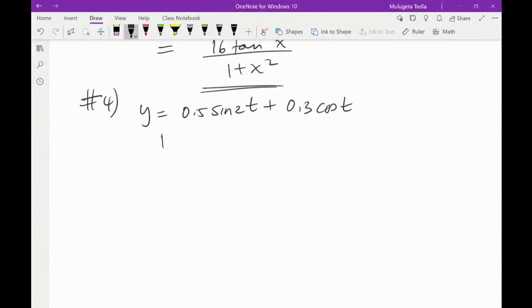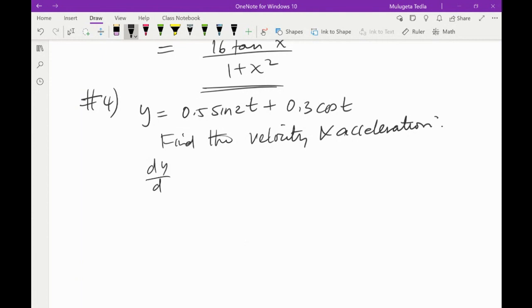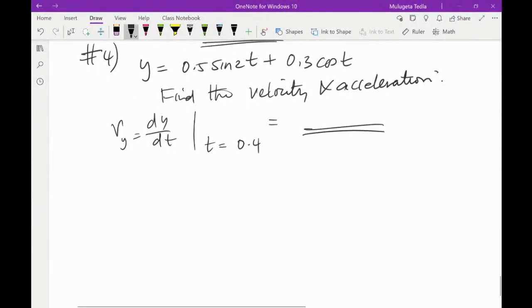So I'm asking to find the velocity and acceleration. What we do is we find dy by dt, which is vy. Then we plug in t as the given point, 0.4, and that's the magnitude of the velocity.